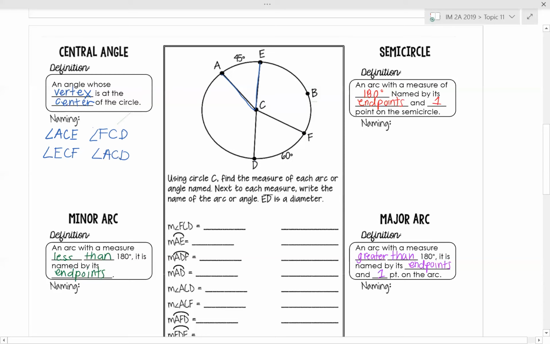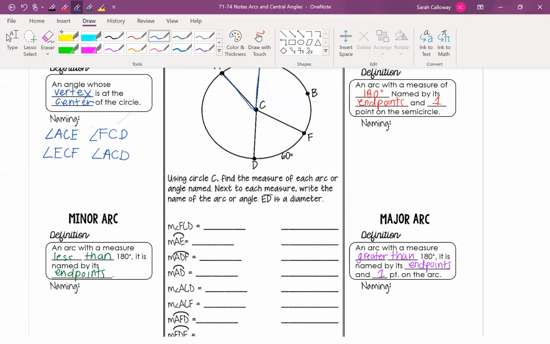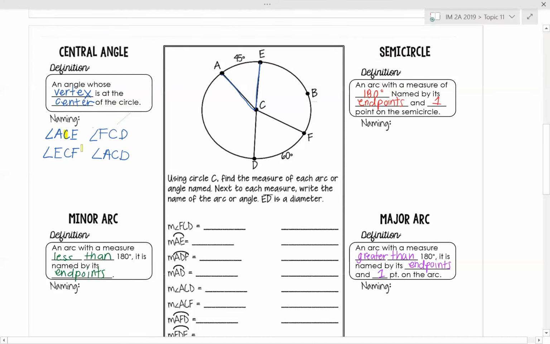Remember that when I'm naming an angle, the most important thing is that the vertex of the angle is that middle letter. So that middle letter should be the center of the circle, because that is the vertex of a central angle by definition. I could switch the order of the other two letters, and that would still be a correct name for each central angle.